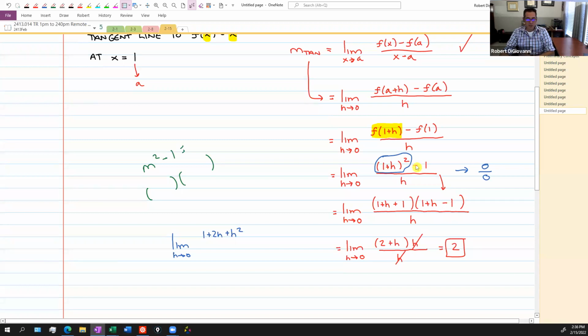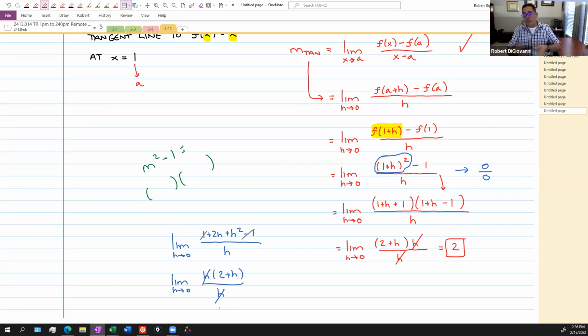And then I still have to subtract 1, and I put all of that over h. The 1's cancel. And now both terms left have an h, so I can pull an h out of the top and cancel the h's. And now I still get 2 when I let h go to 0. I guess what I'm saying is there's all sorts of different algebra you could have done here to get the same result.